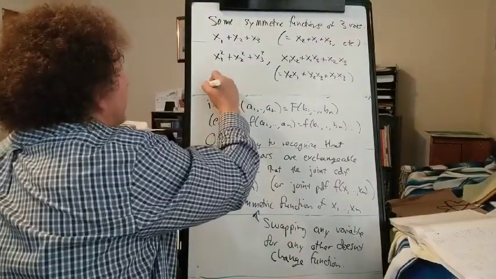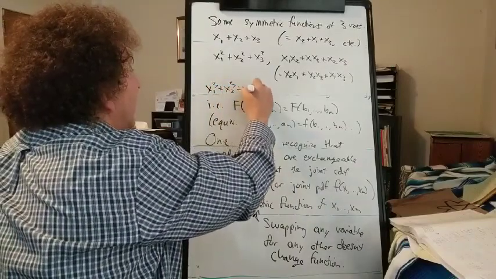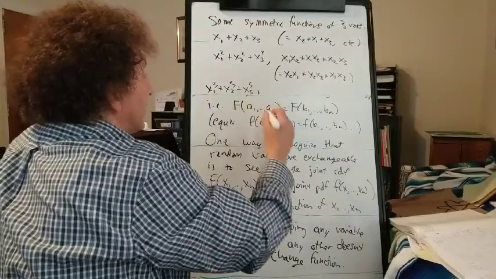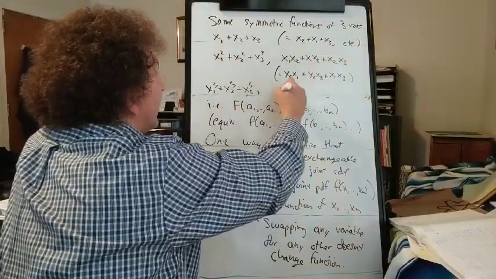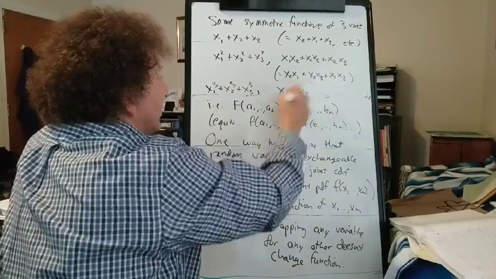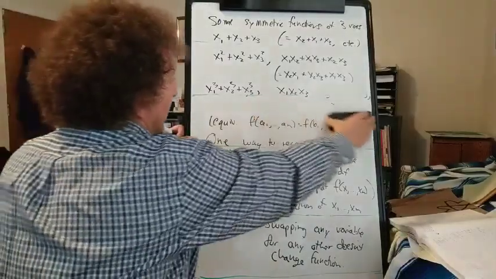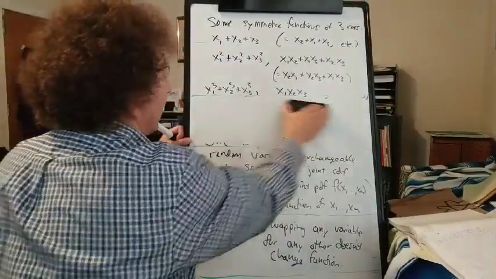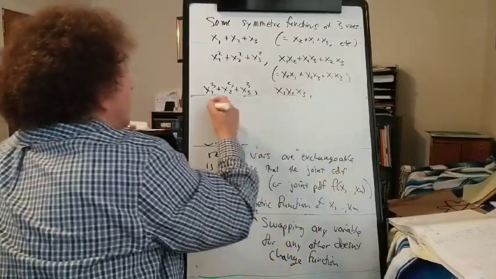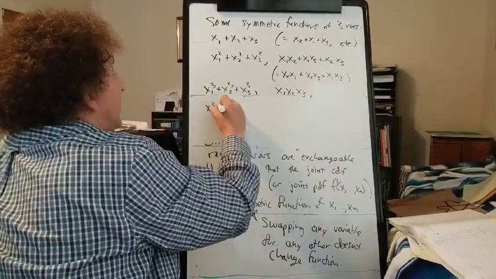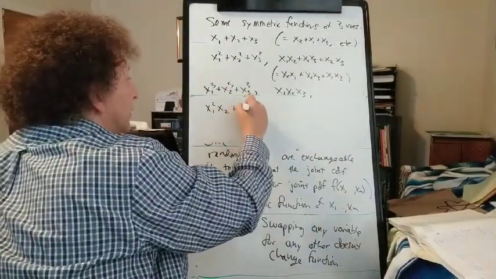And some other symmetric functions in three variables. We could add the cubes of all the variables. We could take the product of all three variables. That's the same if we swap two variables. We could take the sum of all products of one variable squared and another variable.